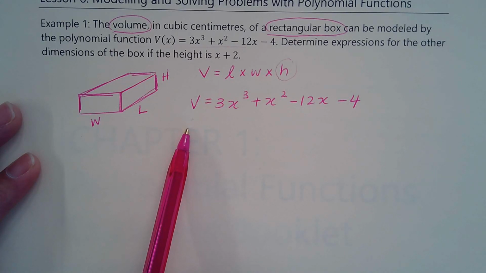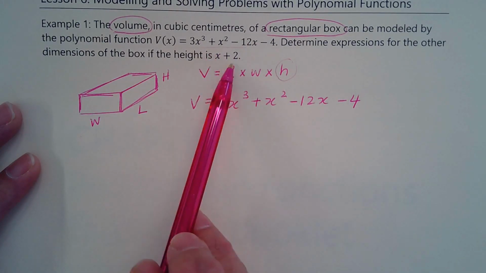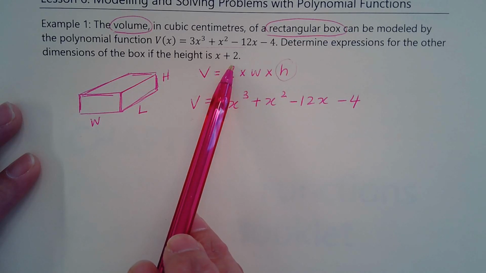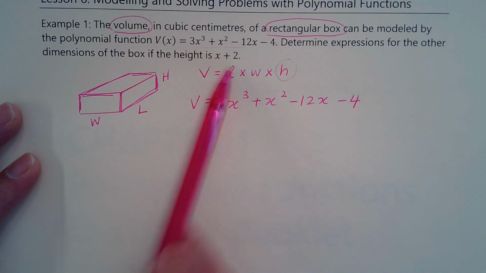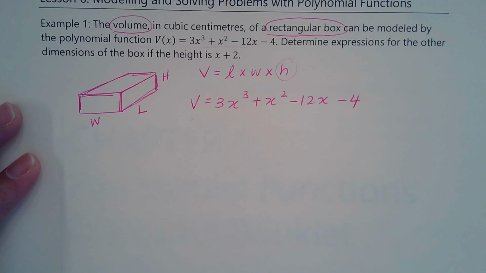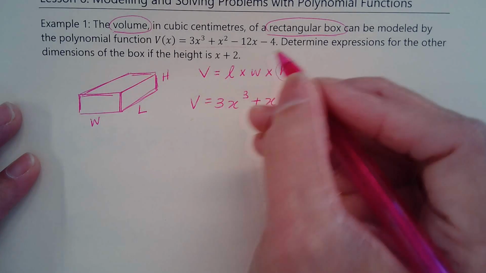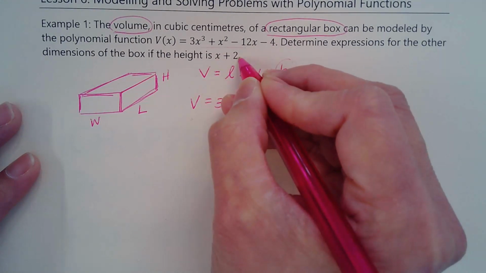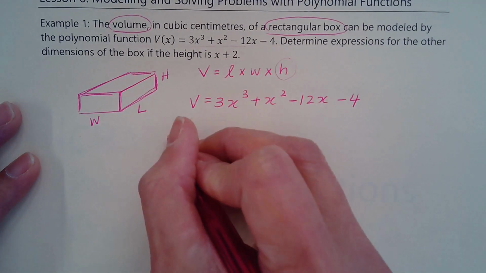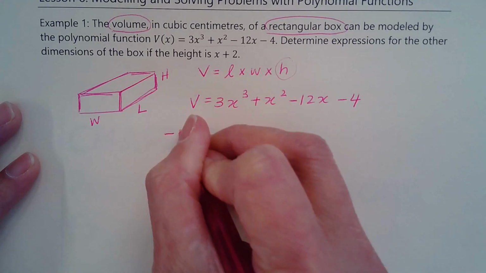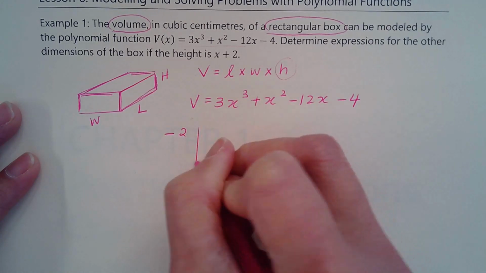So this is one of the factors of the polynomial. So what could we do? We could do a synthetic division. So if x plus 2 is a factor, then that means x must be minus 2.